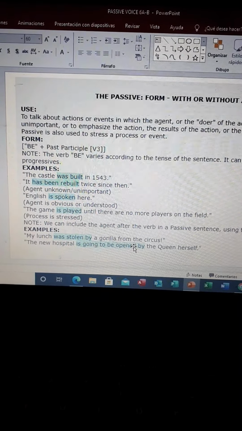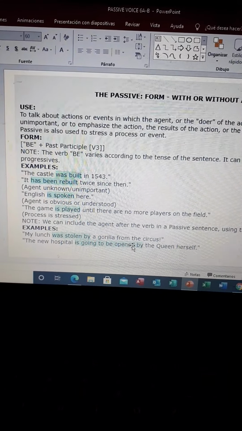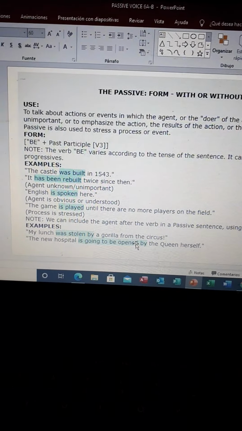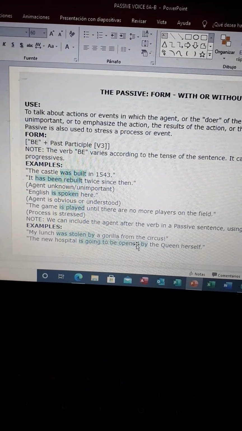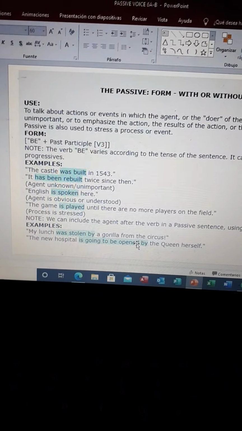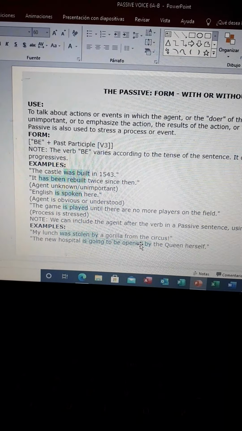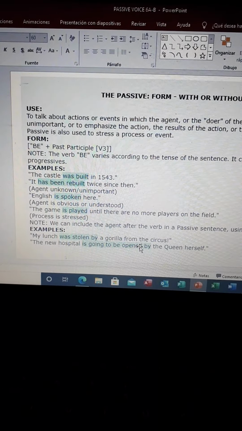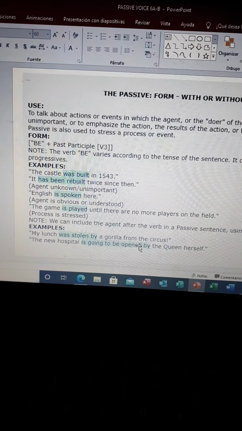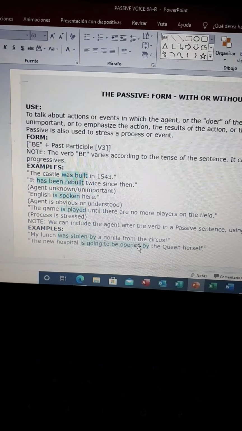And for this, we're going to use the verb to be in the different ways that we know: in present, in past, in present continuous, in past continuous, and with the future, also with present perfect, present perfect continuous, etc. So the verb to be is important, okay? So you need to remember all of these tenses that you have been studying since English 1, okay?